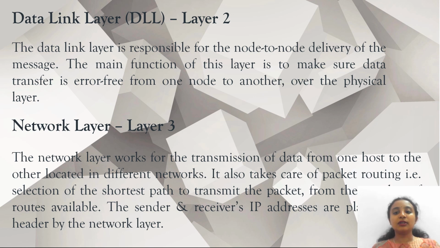Coming to the third layer, the network layer. The network layer works for the transmission of data from one host to the other located in different networks. It also takes care of packet routing, that is, selection of the shortest path to transmit the packet from one router to another available router.